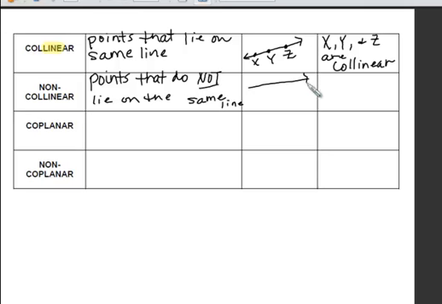So, M, N, and W are non-collinear. Obviously, because W is not on line MN.